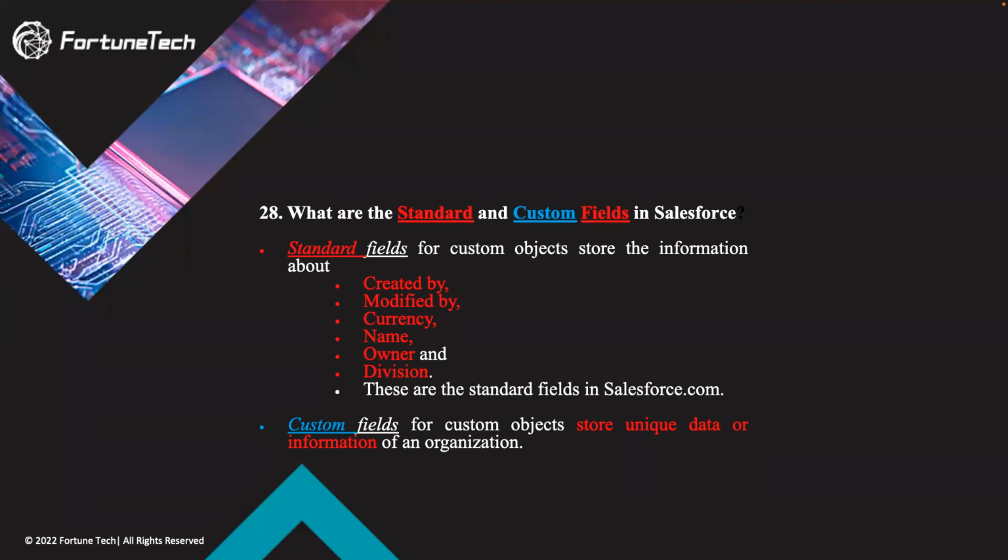If we are using Unlimited Edition, how many custom fields are we able to create per object? 500. That's a good guess. What about Professional Edition? It should be more, I guess. 1500? That is wrong. Unlimited Edition has 500.